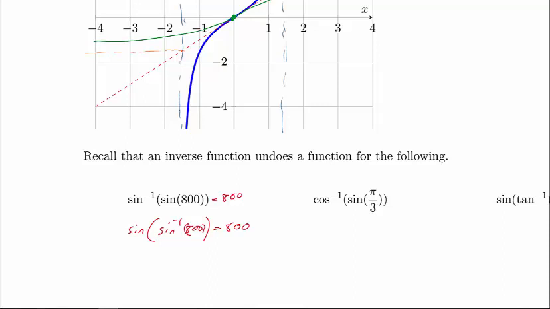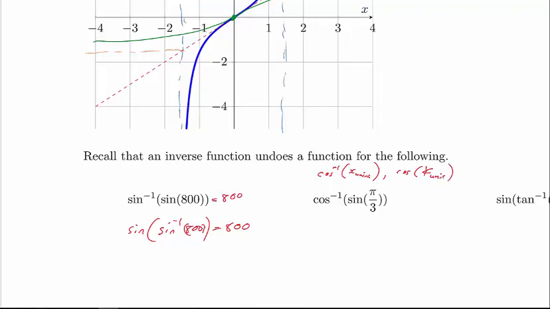Alright, so next one, a little bit more tough. What you have to remember is that the inverse cosine acts on the x coordinate, right, on the x coordinate of the unit circle, whereas the cosine function acts on an angle of the unit circle.